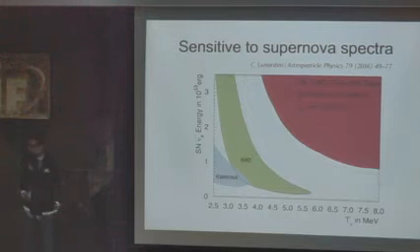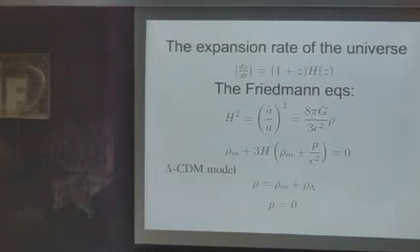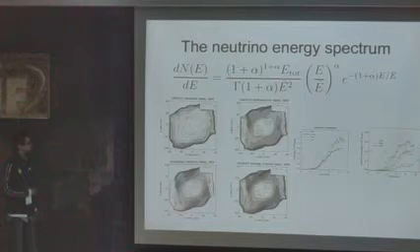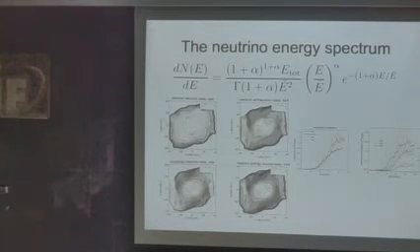So for instance, as we said, the neutrino spectrum comes from simulations of core-collapse supernova explosions, and it has some free parameters.